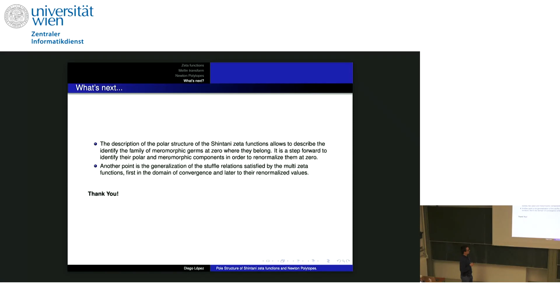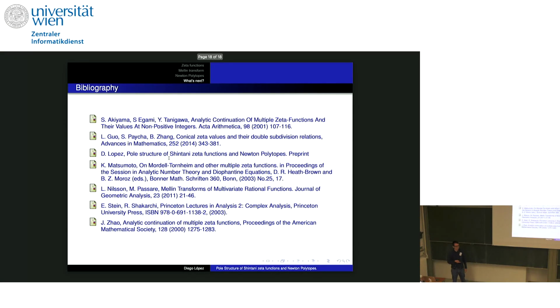And another point which I'm working on right now is that as the Shintani zeta functions are a generalization of the multi-zeta functions, and it is known that multi-zeta functions satisfy stuffle relations, we can generalize those stuffle relations to this Shintani type of functions, and I'm working on describing such stuffle relations in terms of Shintani zeta functions. Well, thank you very much for your attention. This is just the reference.